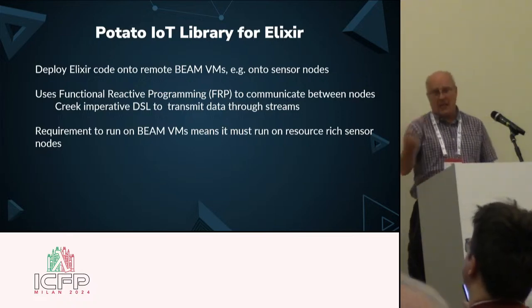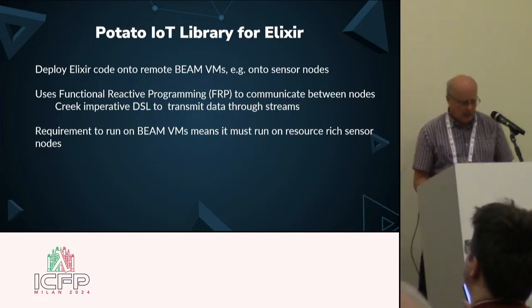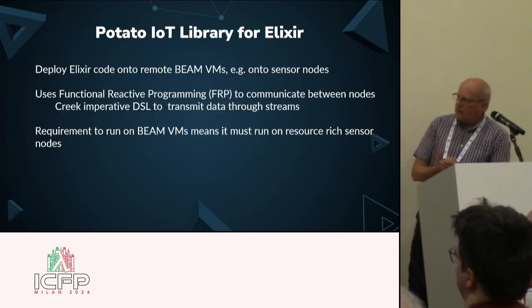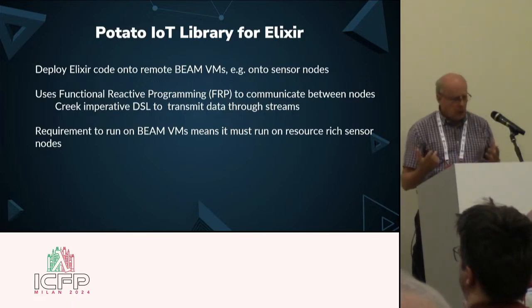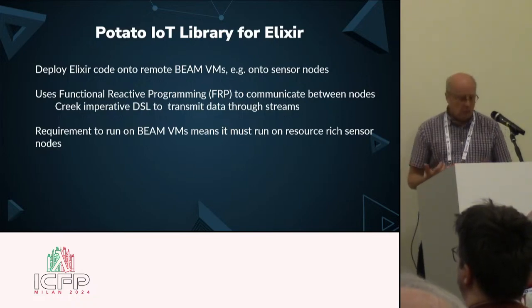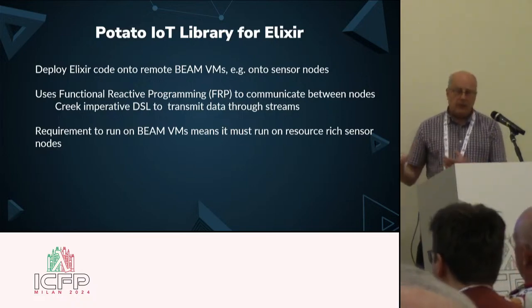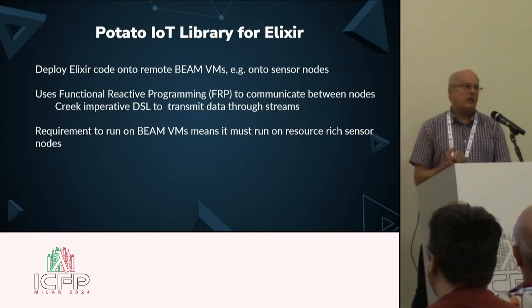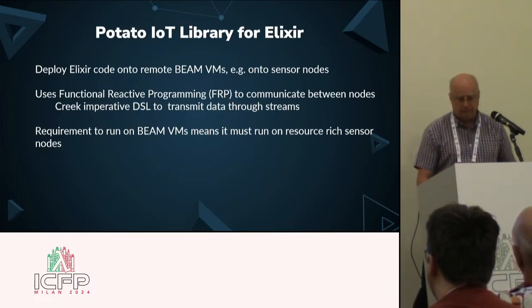It says, send this message. It's pretty cool, but one of the restrictions is because it runs on a BEAM VM, it means that the sensor node must be relatively powerful. It has to essentially be a single board computer.